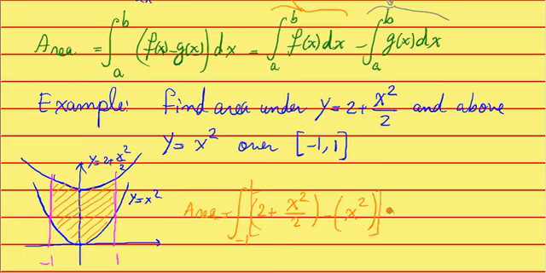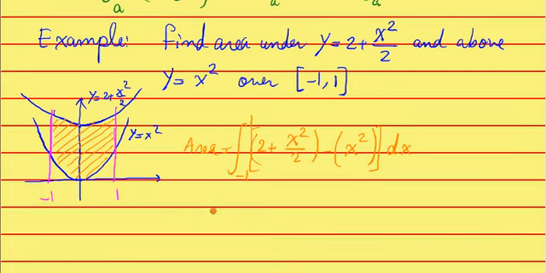This is the integrand, and here's my differential dx representing the thickness of the panels we are constructing. Well, all that is left to do is just to calculate the integral. That's right, -1 to 1, this is 2 plus x squared over 2 minus x squared, dx.